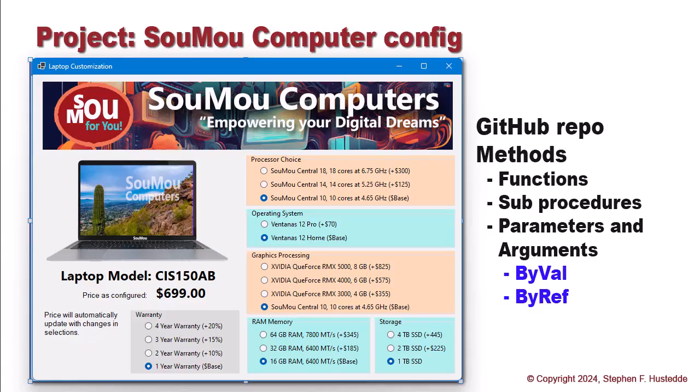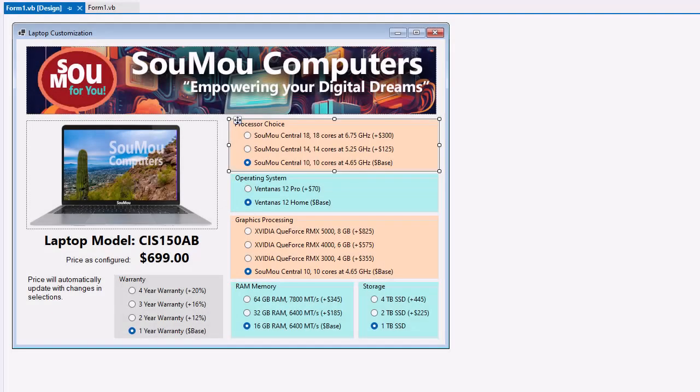of $699. Here is the project that you will take over with the interface fully developed and consists of several group boxes, each with mutually exclusive radio buttons for the processor, the operating system, the graphics processor, the RAM, the storage, and the warranty.